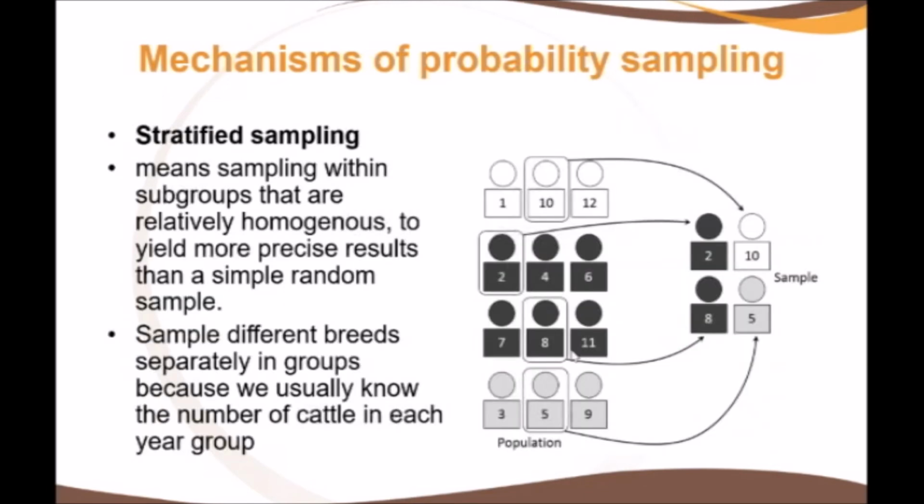So the other probability sampling approach is stratified sampling. So you sample within subgroups that are relatively homogeneous, so as to yield more precise results than a simple random sample. Say, for example, we have breeds.